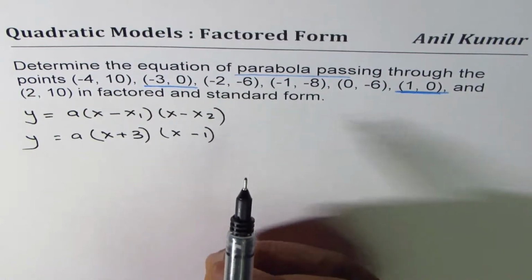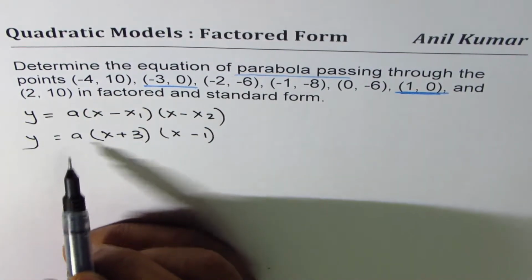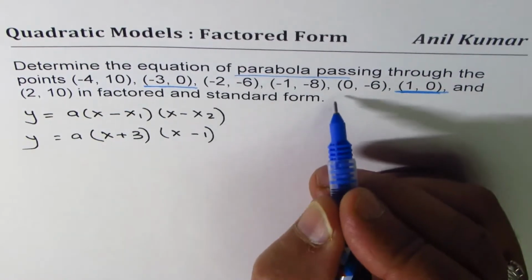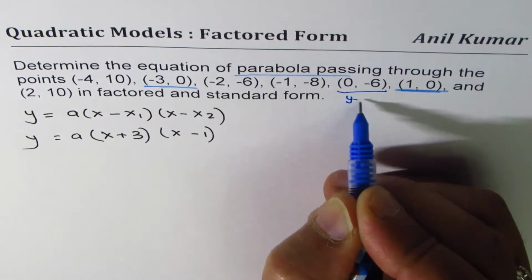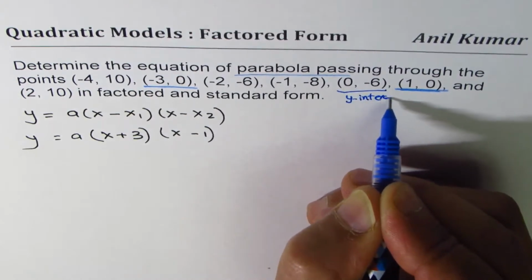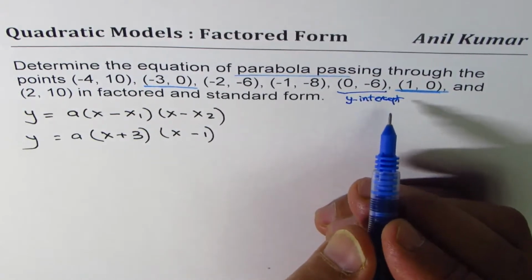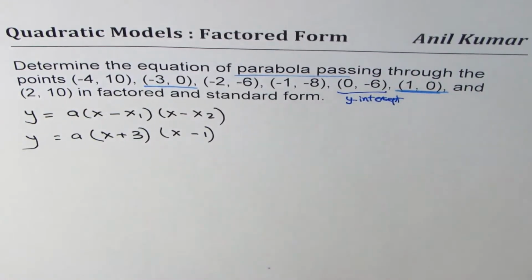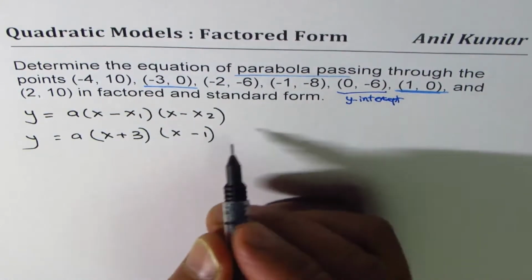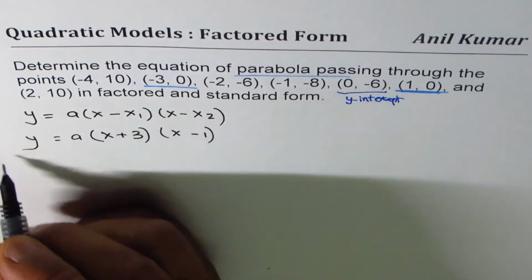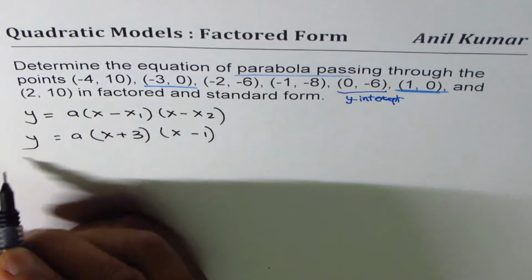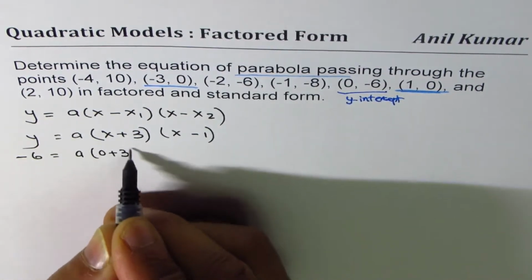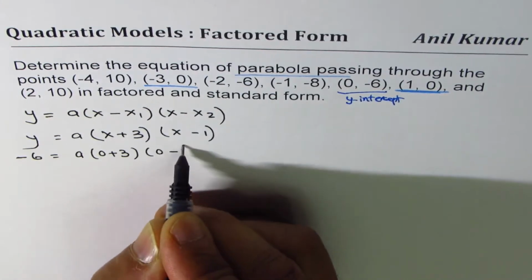Now, to find the value of a, we could use the y-intercept. So this is the y-intercept which I'm going to use. The y-intercept means the point where the graph crosses the y-axis. So x is 0, y is -6. So we are using the point (0, -6). Y is -6, so let me write -6 here: a times (0 plus 3) times (0 minus 1), correct?